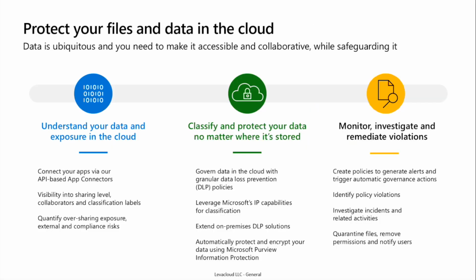Now, getting this thing up and running, there's 3 main stages to use it. So first of all, you need to connect your apps so that you can actually get visibility into the risk in them and quantify how exposed you are. Once you've got your apps connected, build DLP policies alongside Defender for Cloud Apps so that you can start to apply different policies and get automated encryption and things like that in place.